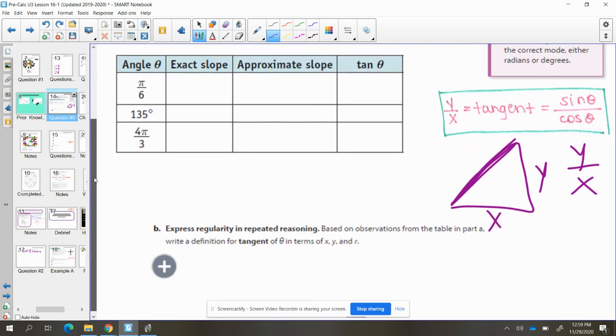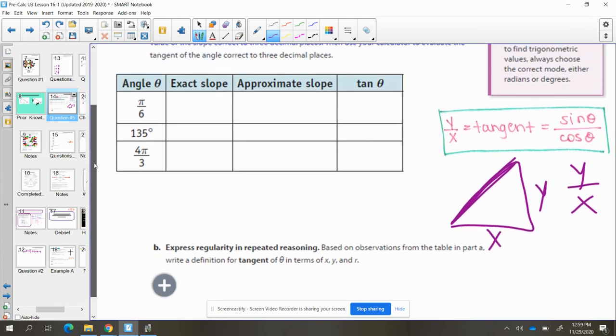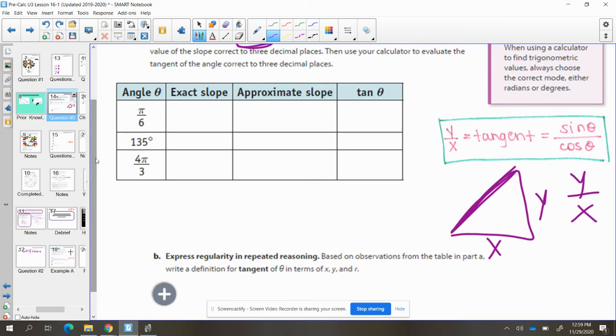Now, to look at some of these specific values of the slopes, you need to think about what the y value over the x value is. At pi over 6, we're at the point (square root of 3 over 2, 1/2). So the exact slope is your y value divided by your x value.